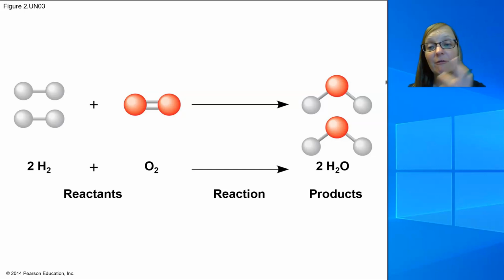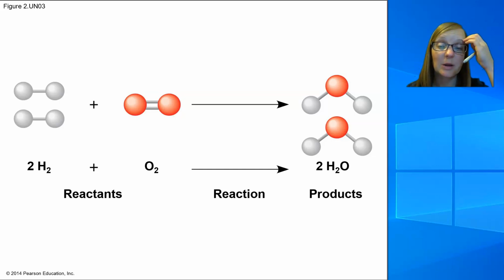You still have 4 hydrogen atoms on the left and 4 hydrogens on the right, 2 oxygen atoms on the left and 2 oxygen atoms on the right. So we didn't lose anything. We didn't create anything de novo. We just rearranged how those atoms are combined together, right? So we broke some bonds and we made some bonds.